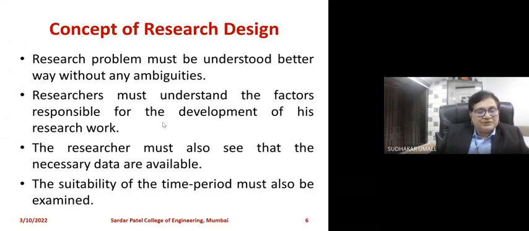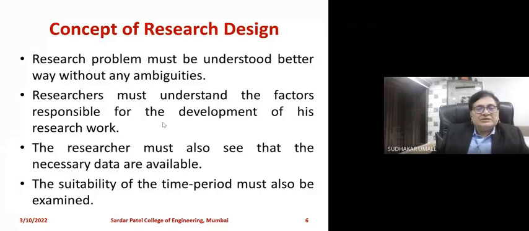This is very important. What is your path? What is your planning? And hence it is also called as carefully arranged scheme. Carefully arranged schemes.